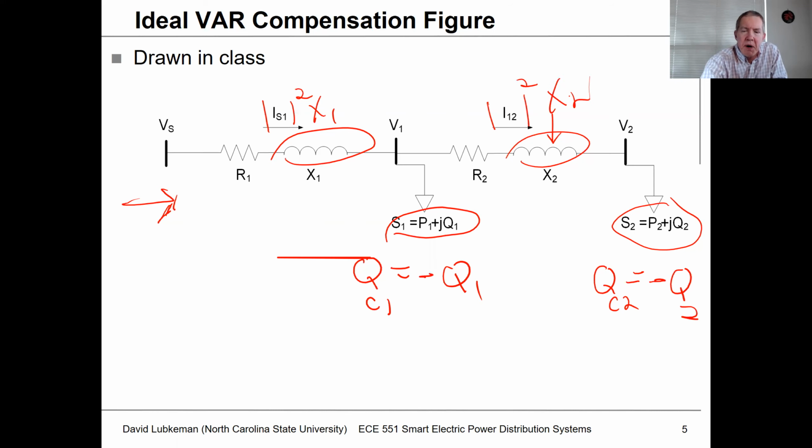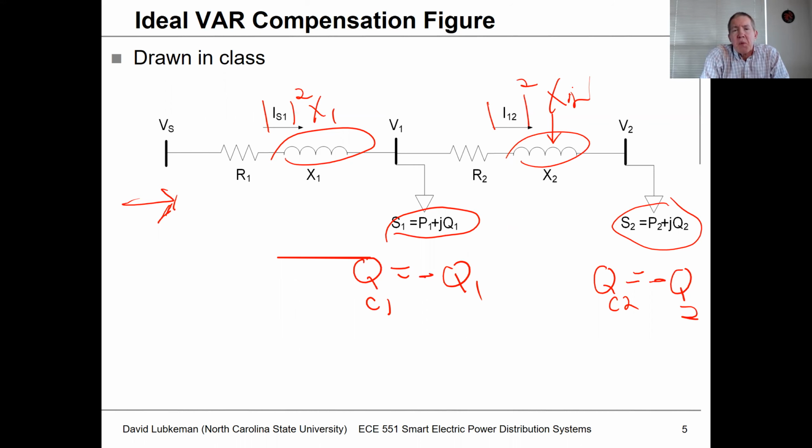What this corresponds to is the fact that since these lines, overhead lines or cables, have a series impedance, there's going to be some magnetizing power required to set up the magnetic fields associated with those lines.